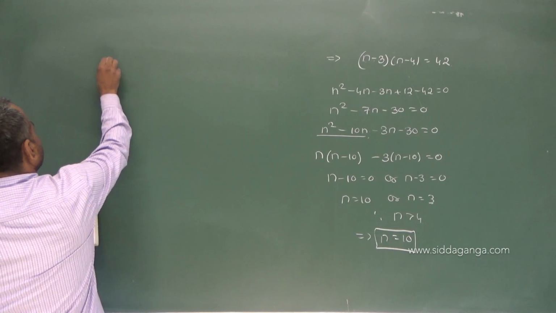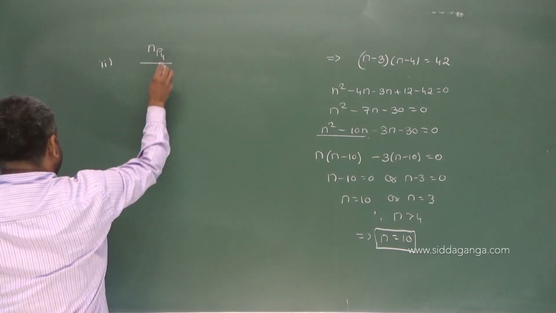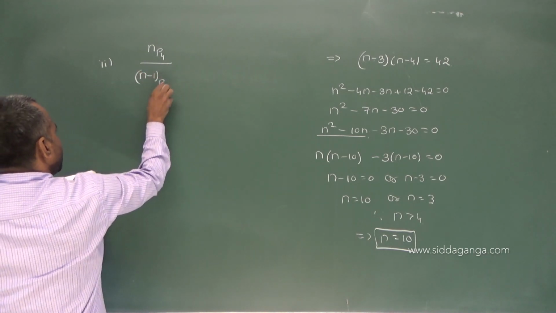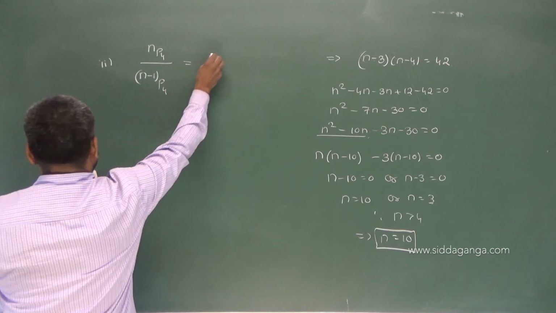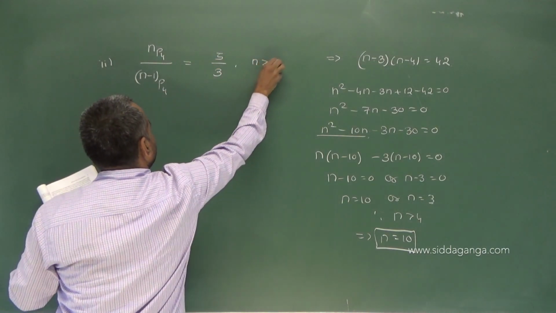Next question. Second question. np4 divided by n minus 1 p4 is equal to 5 by 3, n greater than 4.